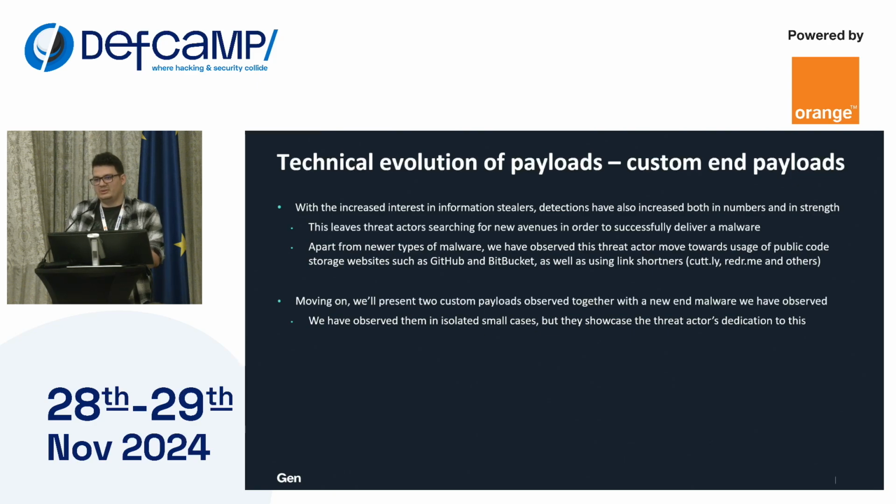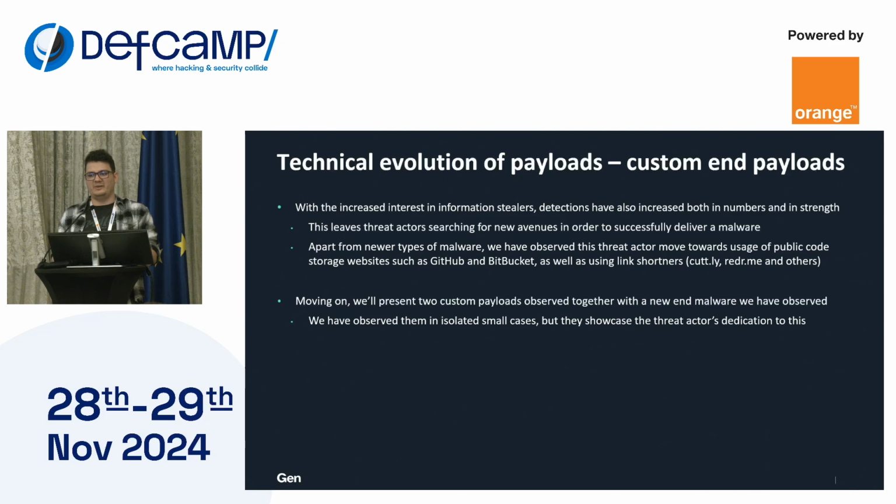Okay, so with the increased number of information stealers and threat actors that use them nowadays, antivirus companies have actually started improving their detections on this side. This leaves bad guys looking for ways to thwart the analysis process and trick the antivirus and eventually infect a machine.